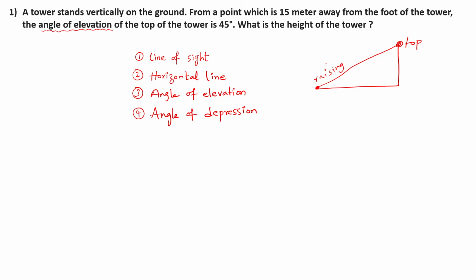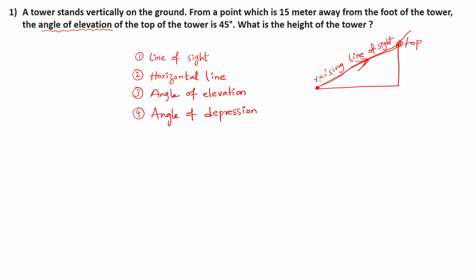By raising your head, you are observing the target which is above the ground level. Since you are observing the target by raising your head, this line in which direction you are observing the target is called the line of sight.